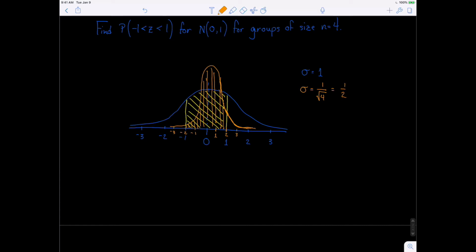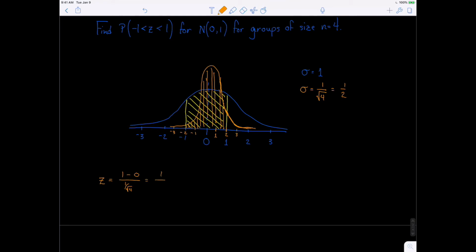Let's do this. If I look up z, my data value now is 1. So I go 1 minus the mean, which is 0, and then divide it by my new standard deviation, which was 1 over the square root of 4, or 1/2.